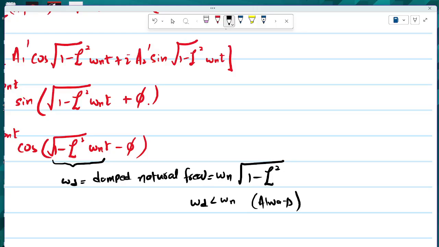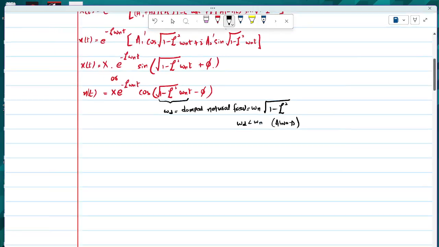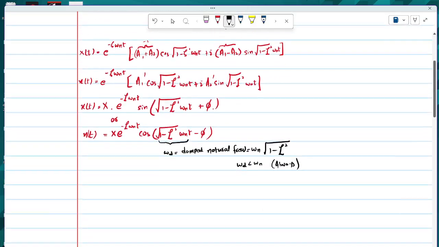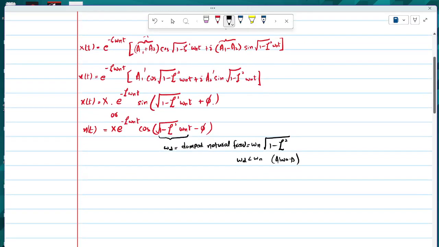That was a general solution method, just to show you how you can proceed with the solution of a one degree of freedom vibration system.